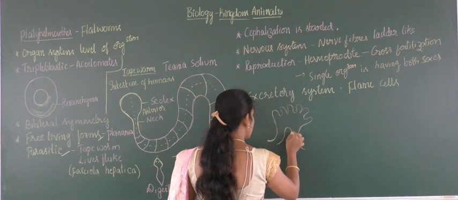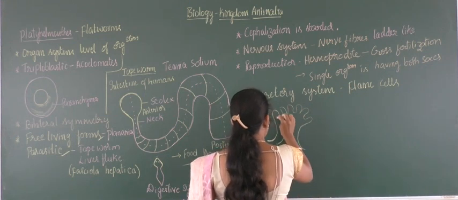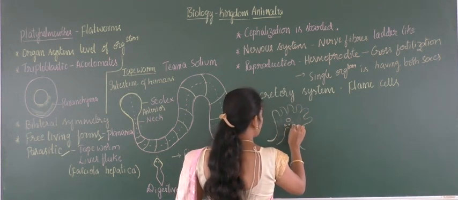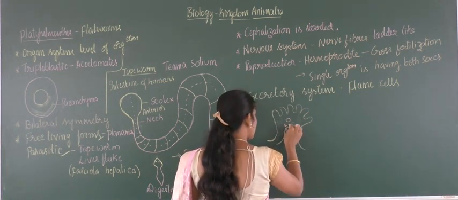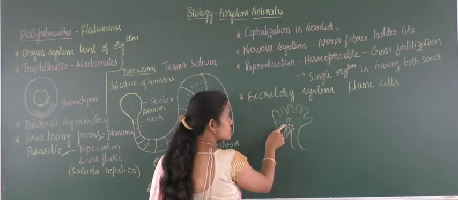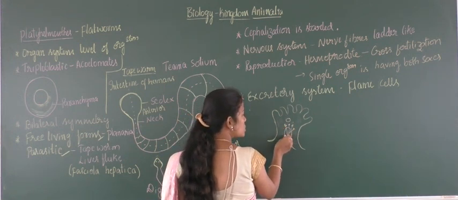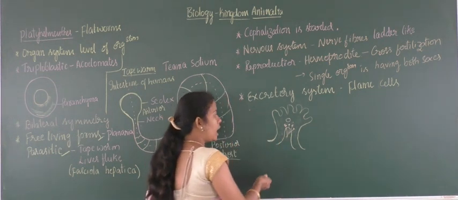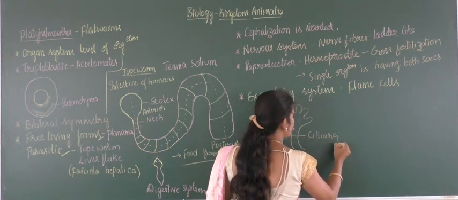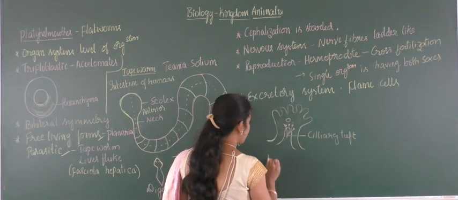So this is considered as an inner wall, and after this you can find the presence of nucleus and the cytoplasm over here, and at the base of the inner wall you can find the basal granules, and these basal granules extend cilia-like structures, and these cilia unite at the end. So this is called the anterior end of a cilia, and this is called the posterior end of cilia, and the posterior ends of cilia are united together, forming a tuft of cilia or ciliary tuft, and this is the structure of a flame cell.